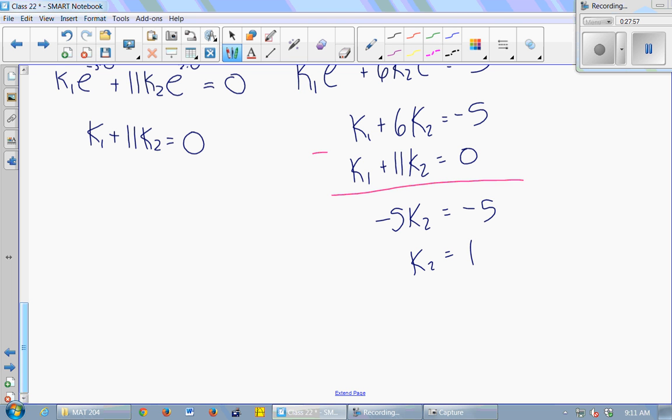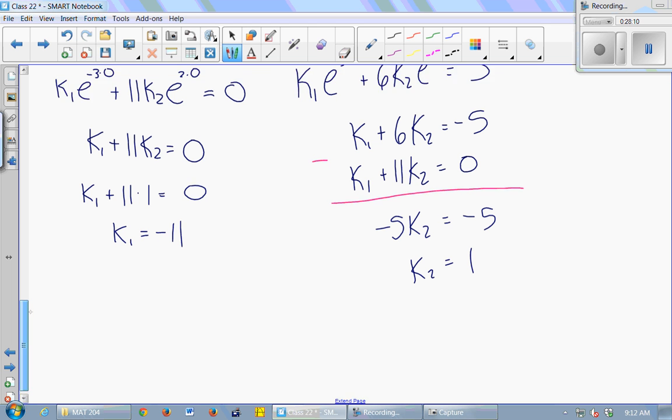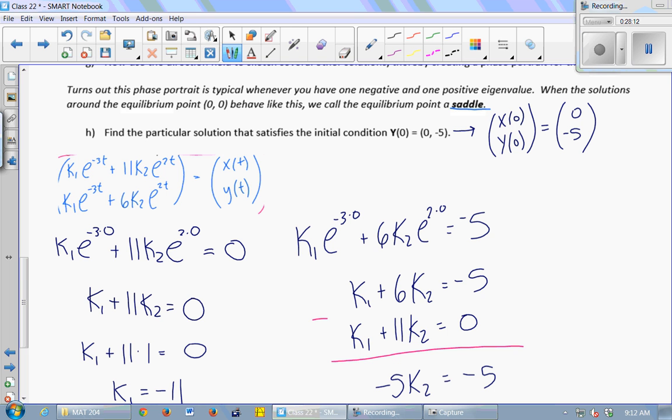Then I come back over here. I put in a 1 for k2. So k1 is -11. And then I'm almost done. All I have to do is rewrite the solution, replacing k1 and k2 with the numbers.